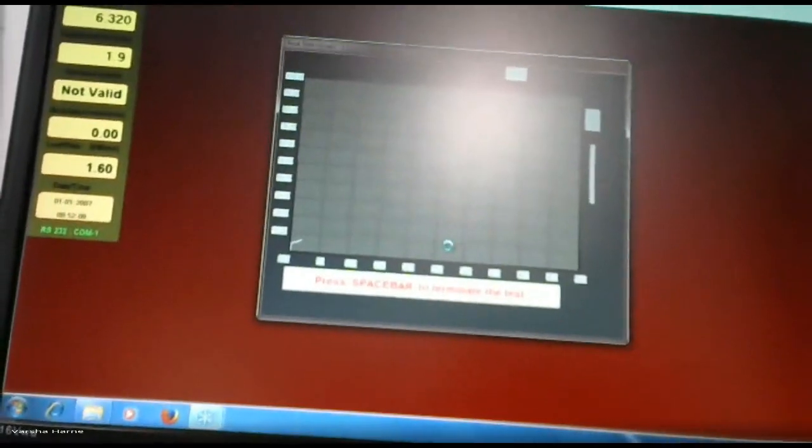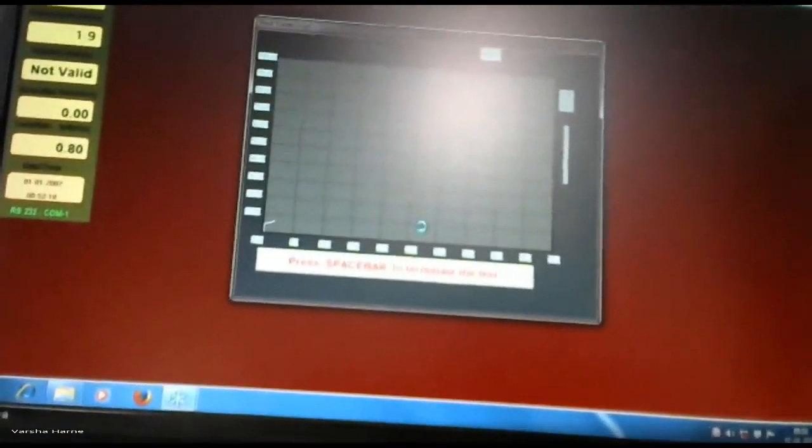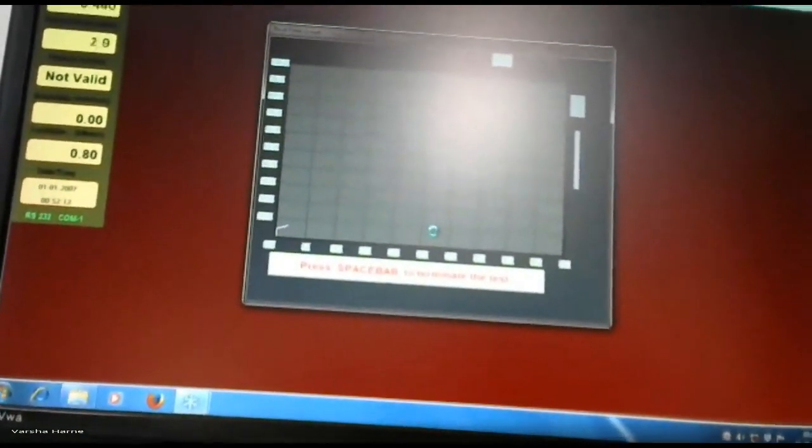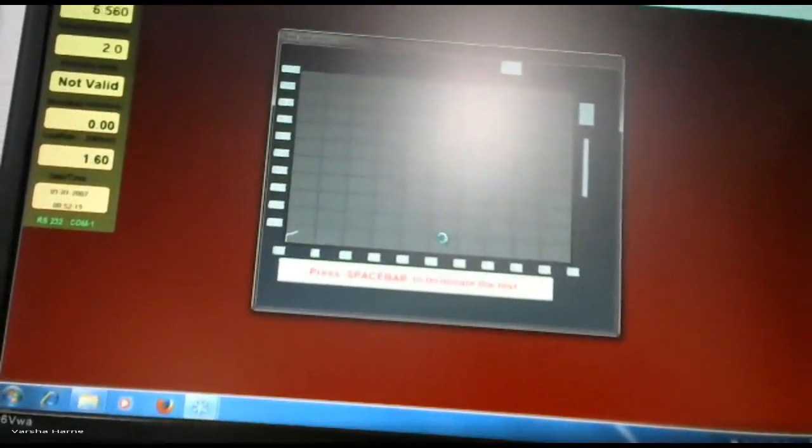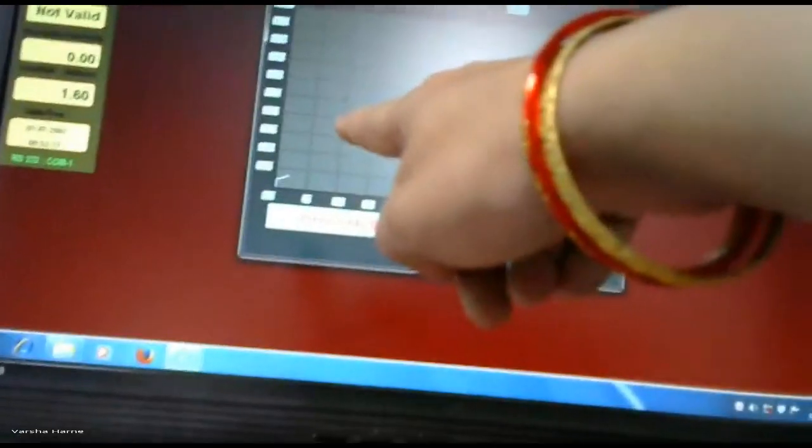And the loading rate is gradually applied, not suddenly. So see here, the position of the graph changes according to the displacement value.